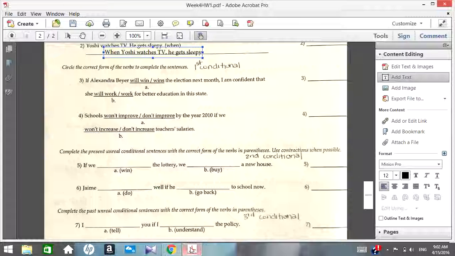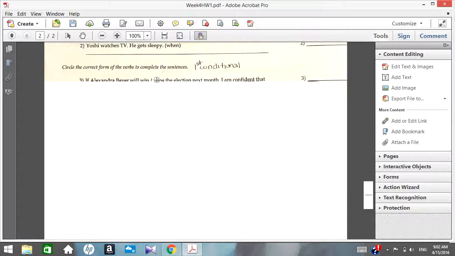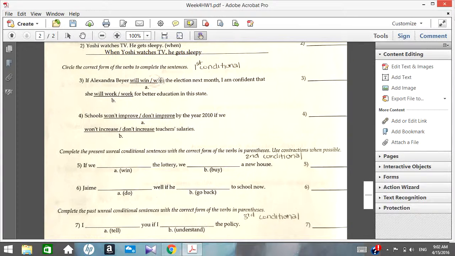So then that means this is my if clause. I have to take the present simple. So this is my answer. Let's see if I can highlight it so you can see it. Oops. No, that's not what I want highlighted.